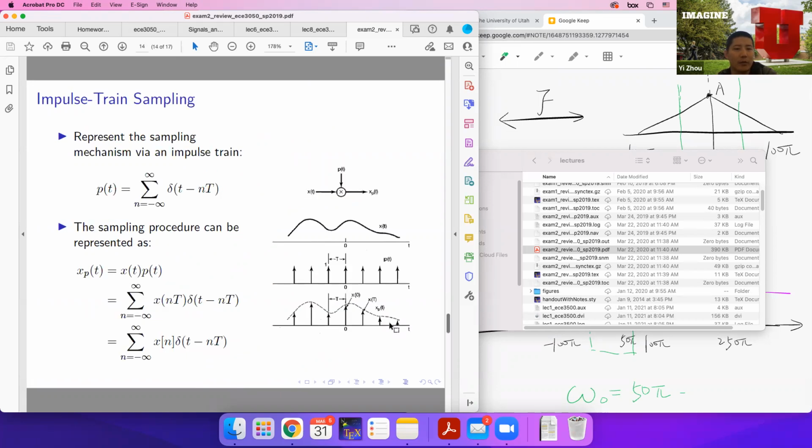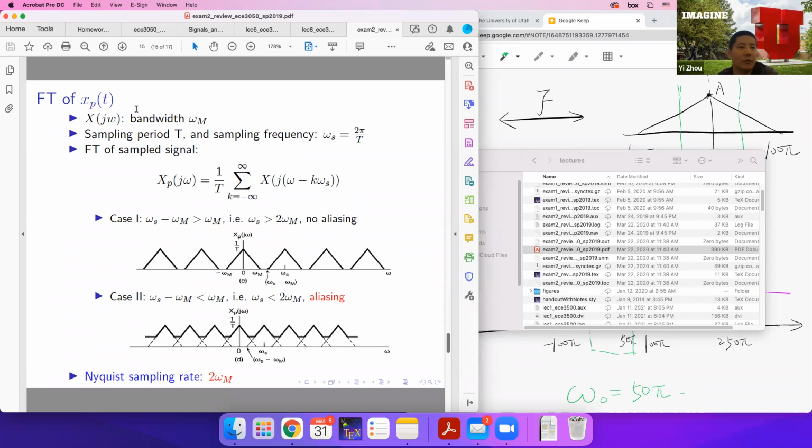Okay, and then this is lecture 8. We talk about sampling. Now for sampling, all you have to remember is, first of all, you need to know the relation between the spectrum of the sampled signal and the spectrum of the original signal. Basically shifting different copies to proper locations.